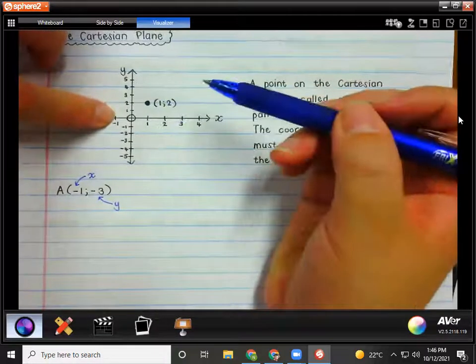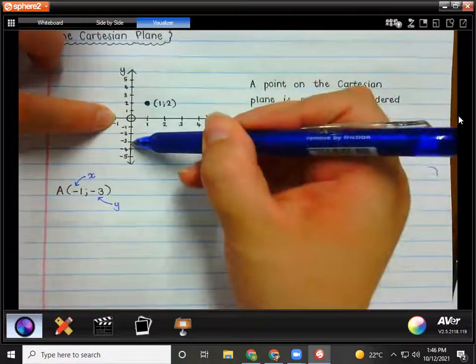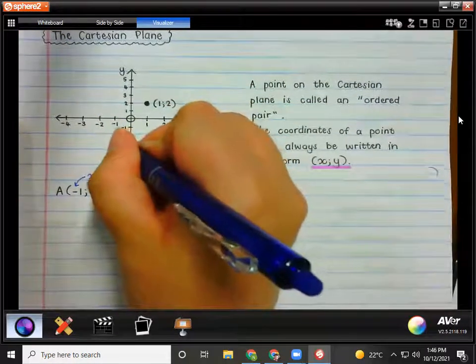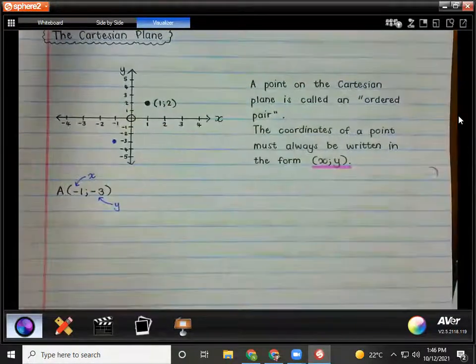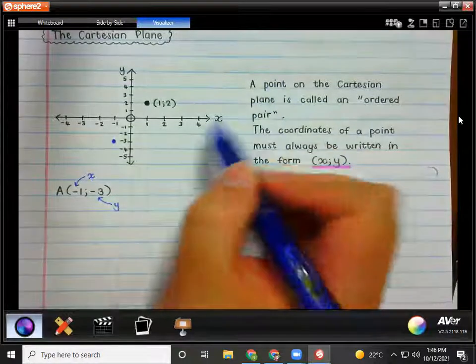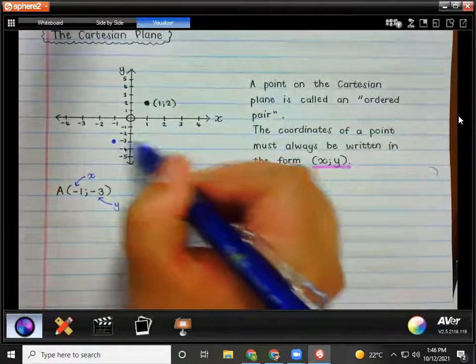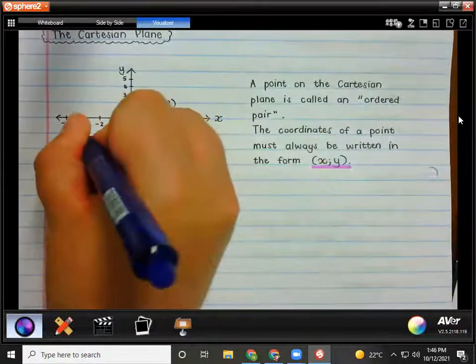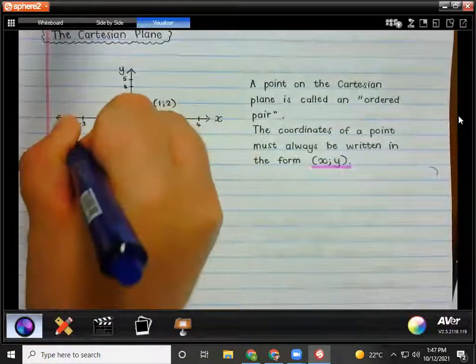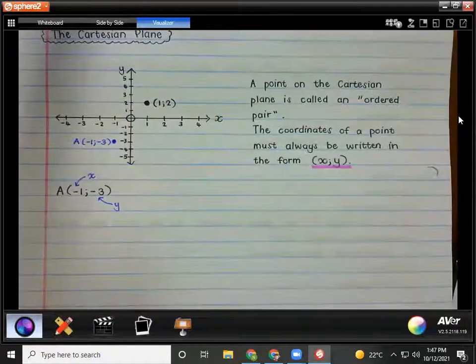So then just plot that point there, so that it's underneath -1, but next to -3. Okay. Now, I'm not going to write the coordinates on this side because I don't like writing over my axis. I'm just going to see if I can pull it in here. And let's also just put an A there because that is point A.